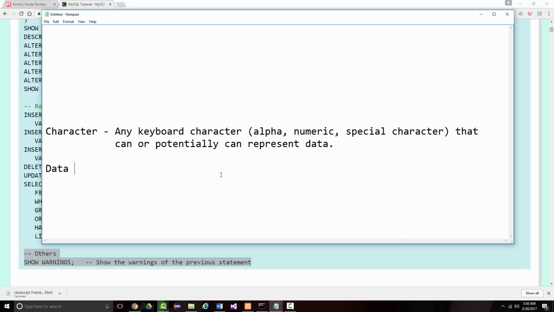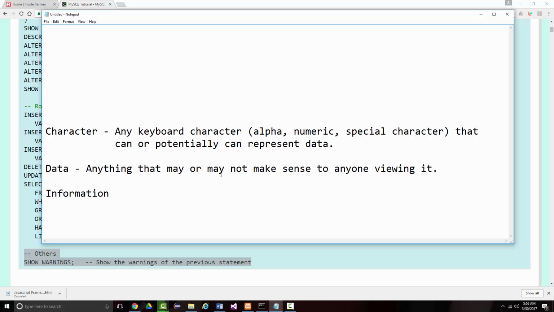And what's data? Basically, it's anything that may or may not make sense to anyone viewing it. Whereas information should make sense to any or all viewing it.